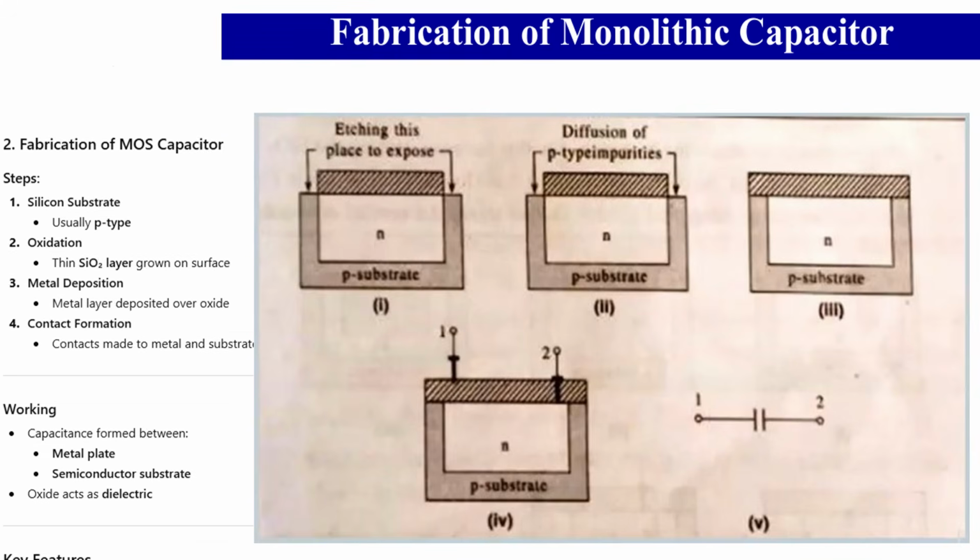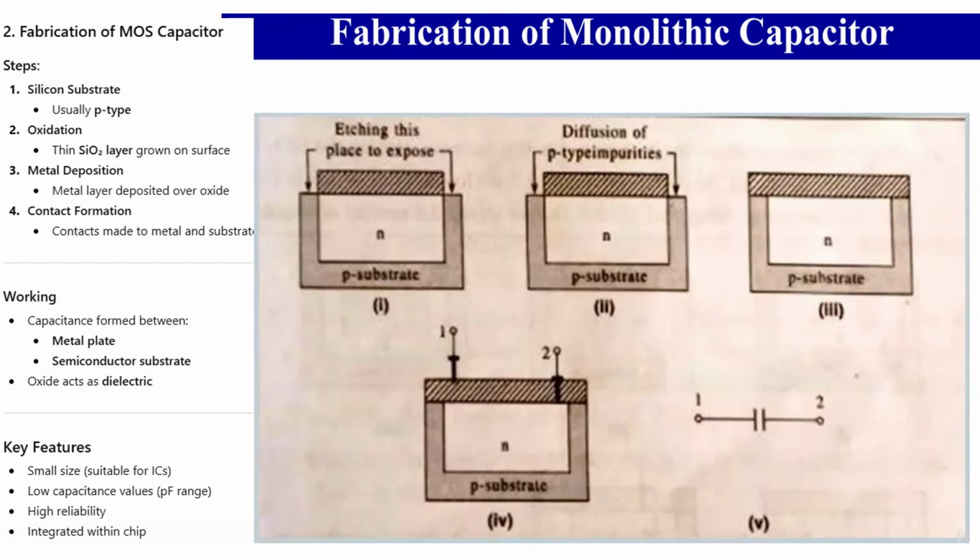Similarly, you can develop capacitors. Again the same process: substrate preparation, oxidation, and then P impurities are developed using the diffusion technique, right? So the P substrate is there, and over that you create one layer that will cause two different layers, and finally you can provide the contact.